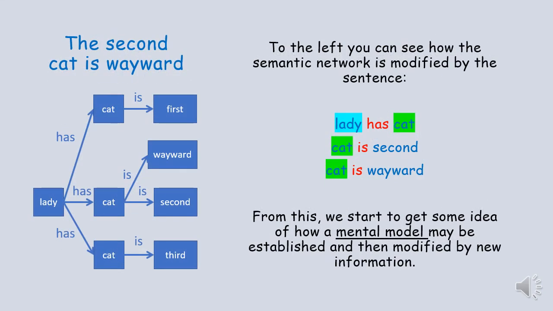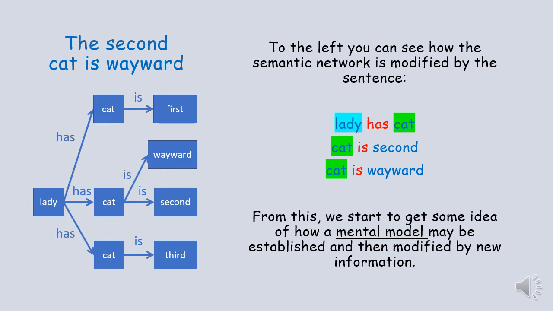To the left you can see how the semantic network is modified by the sentence, the second cat is wayward. So you can see that on the network we've got lady has cat, cat is second, cat is wayward.